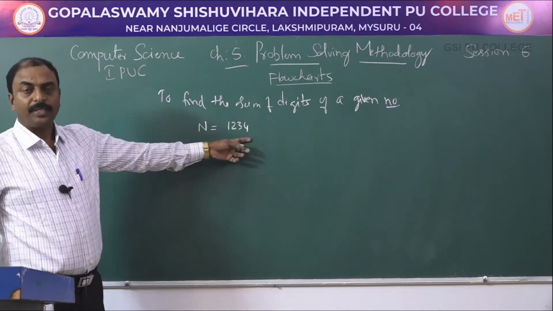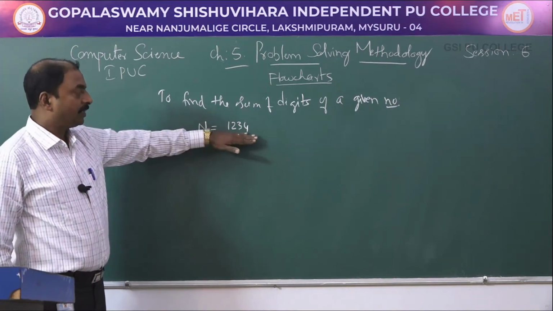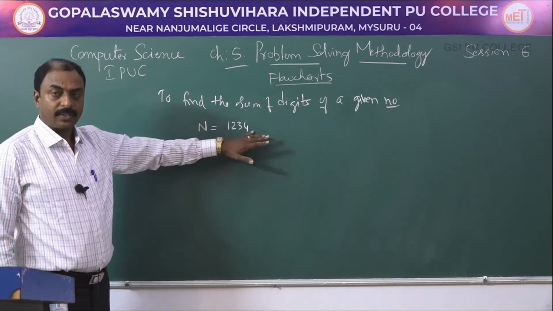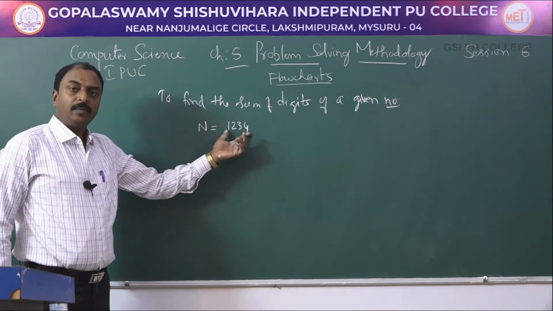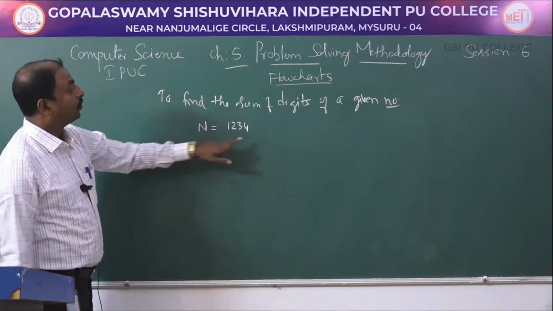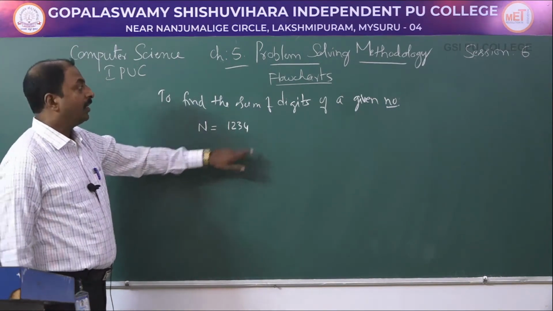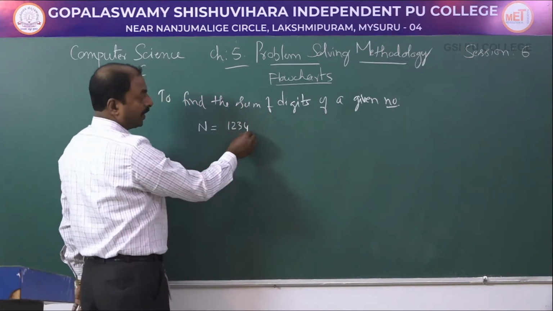And students, please note the point here. In this example, we are considering only the whole numbers. I mean, we will not consider any decimal numbers during multiplication and division. So now this is a whole number. Now what is the question here? Question is sum of digits of a number. So this is the given number n.